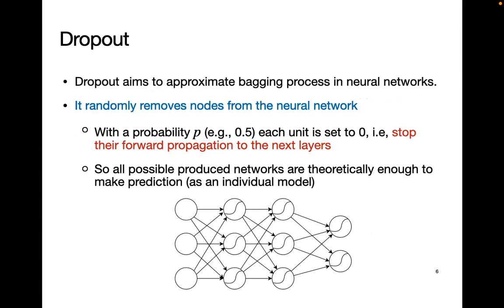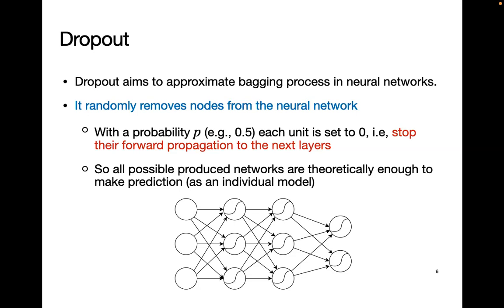So in dropout, what we do is that we basically remove nodes from the neural networks randomly. With the probability P, we're gonna knock out some neurons. We're gonna turn some neurons off, by just multiplying, for example, their predictions by 0 or setting them to 0, such that when you perform the forward pass, this neuron will not influence the neurons in the next layers.